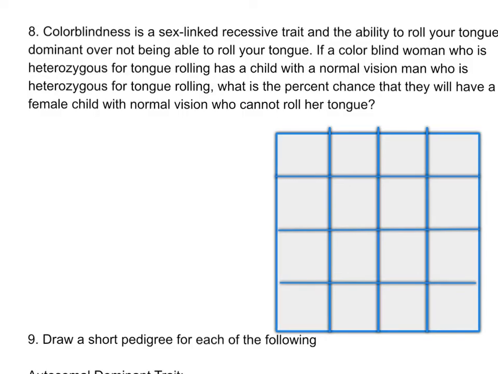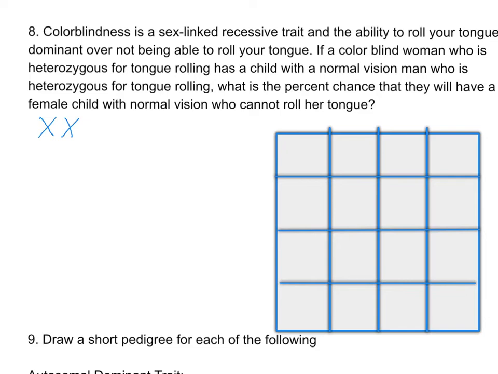Okay, so for this one, we've got another 2-trait cross, but this one's a little more complicated because we have a sex-linked trait in there. So we have a colorblind woman who is heterozygous for tongue rolling. Since this is a woman, she will be XX, and she is colorblind.